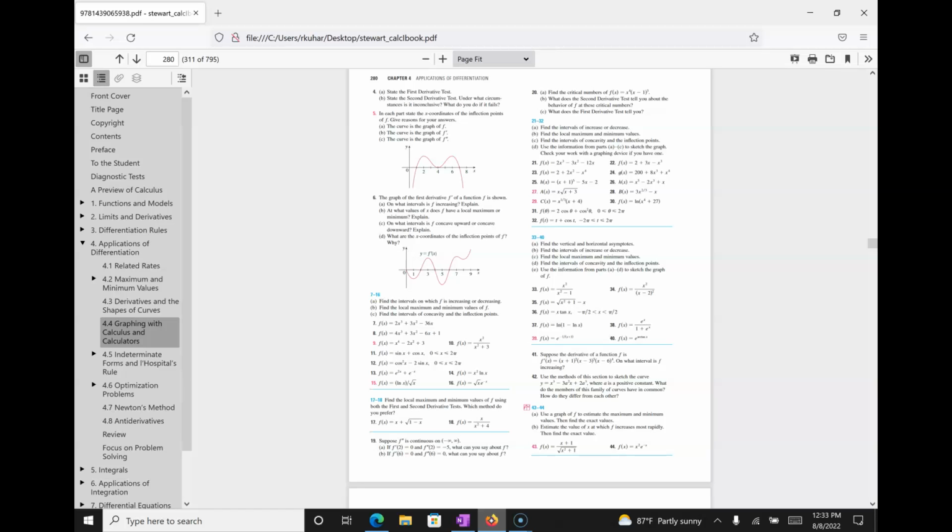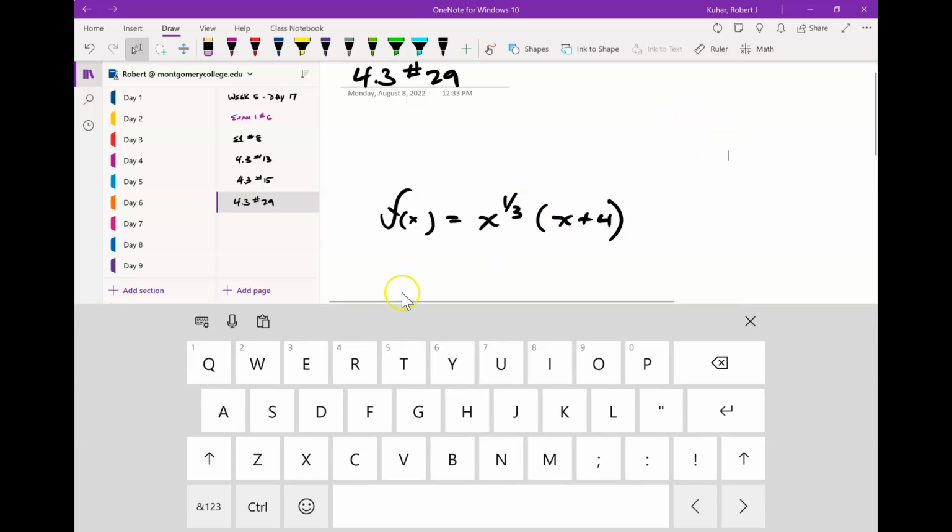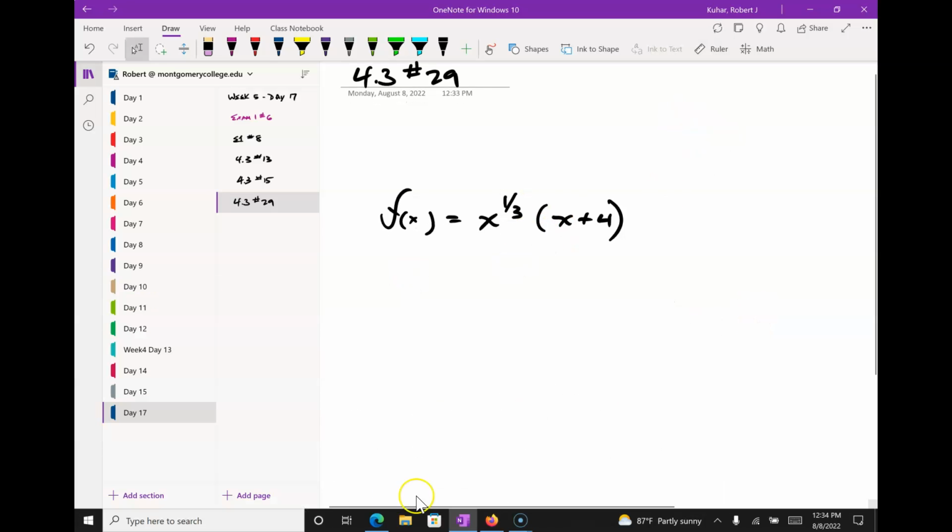x to the 1/3 times x plus 4. Nice. It's nice to see the graph first because it should give you kind of hints.